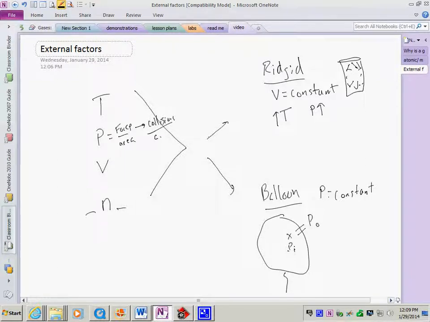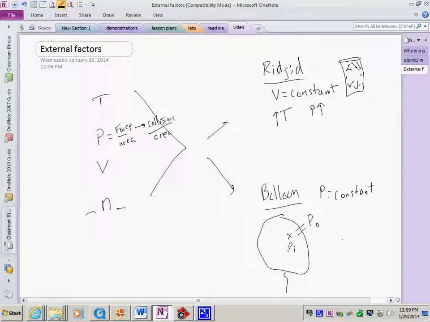So it's collisions per area is another way of looking at this. So if I crank up my temperature, I have more collisions per area, so more pressure. Add more particles in, I get more collisions per area. So the pressure is legitimately just collisions per area.